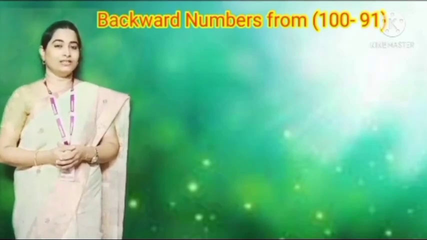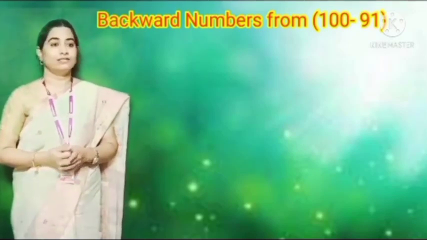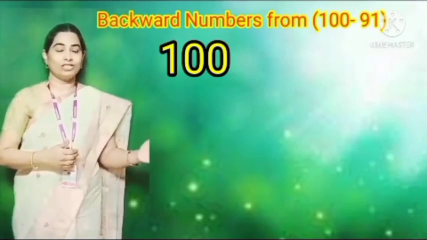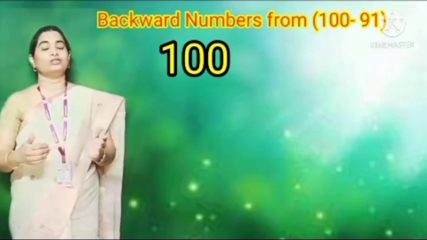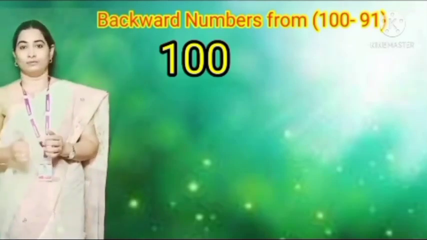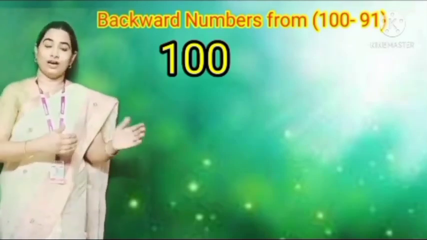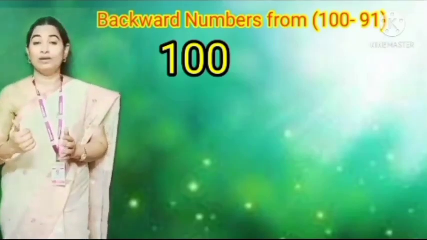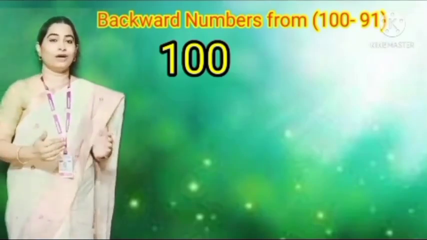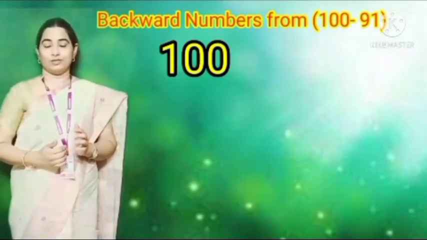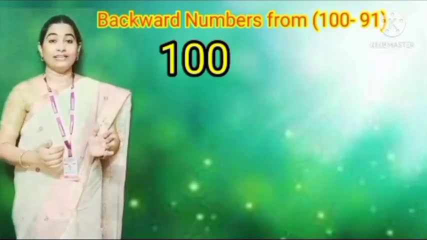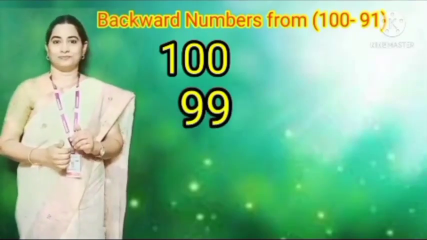Okay children, look, the number given is 100. We are going to write the backward numbers from 100 to 91. It's backward numbers children. So 100 is already given. So what will be the next number? Yes, 99.